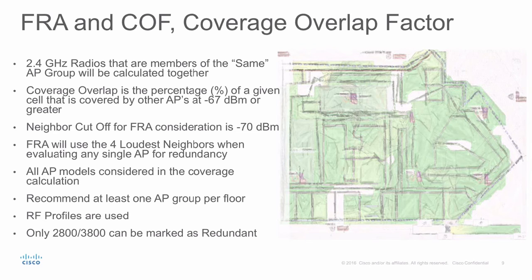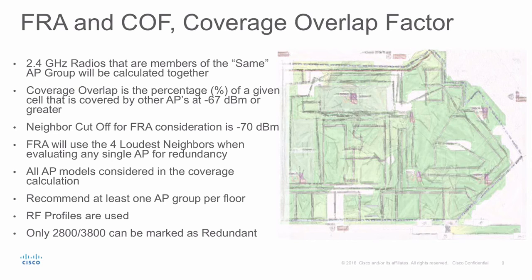Another thing that's important to remember is that all AP models are considered in coverage calculation. It doesn't matter whether it's a 3800 or 2800. If it's part of the same RF network and in the same AP group, we consider every 2.4 gigahertz radio as a potential candidate for covering the FRA radio.